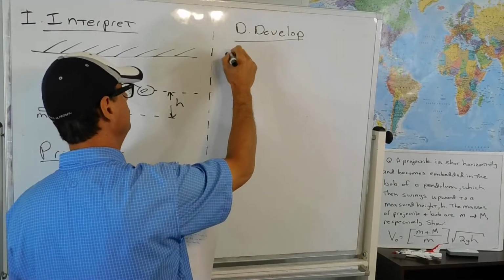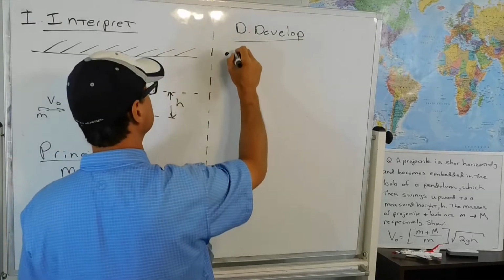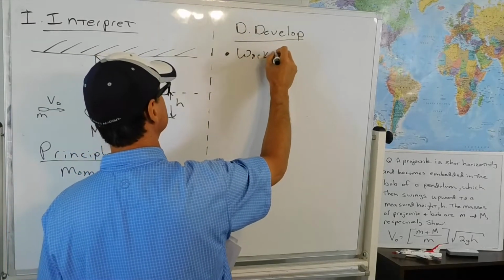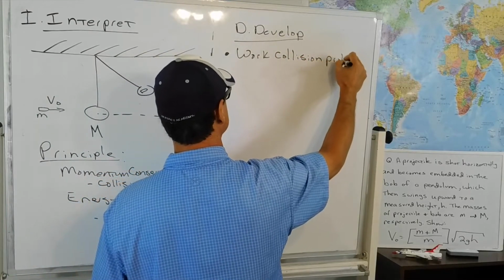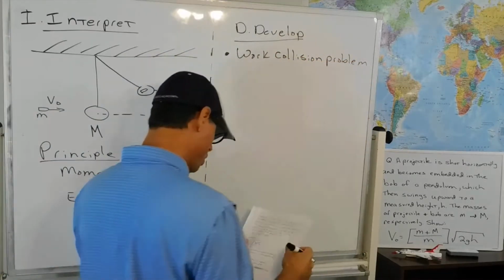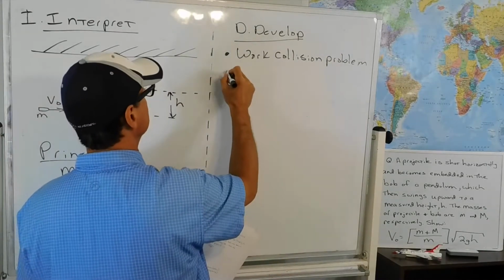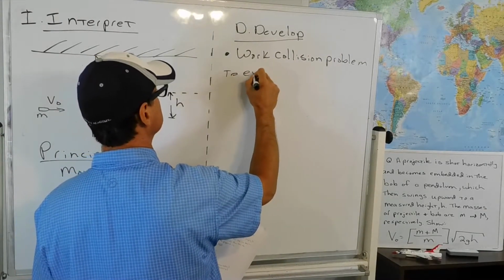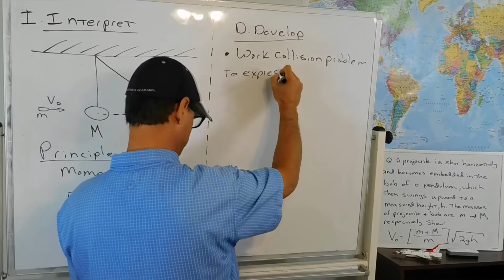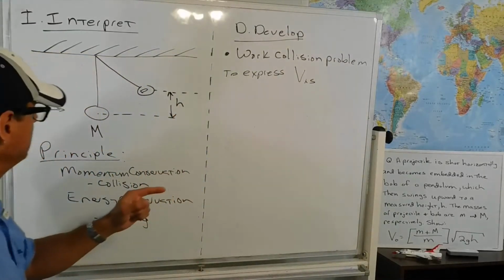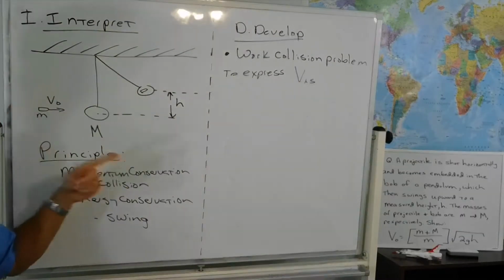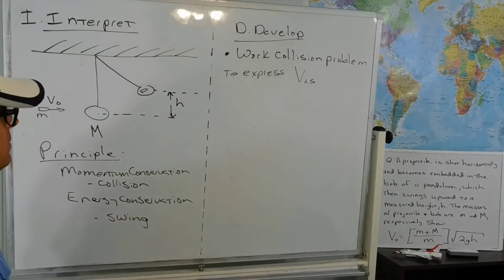first thing that we're going to do is work the collision problem, and our goal here is to express V initial for the swing, right? Let's be careful here. We've got V0, which is the initial velocity of the bullet or the other projectile.